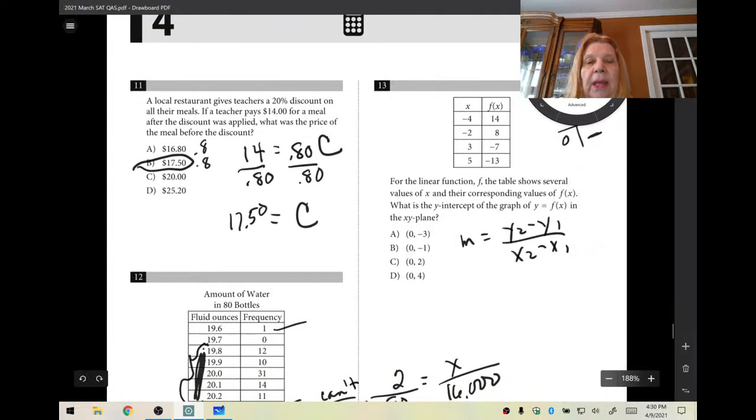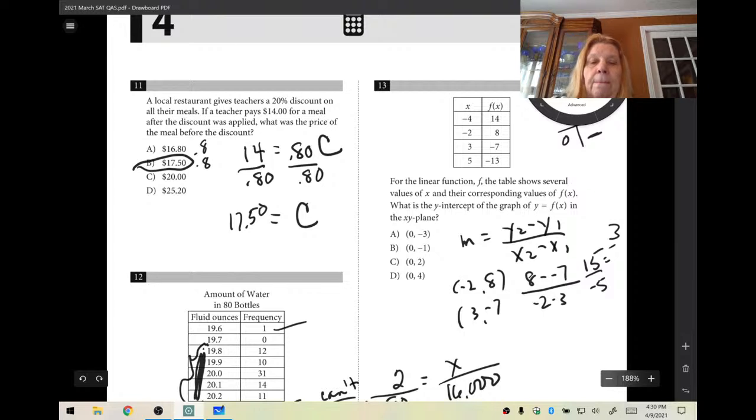We're going to pick points minus 2, 8, and 3, minus 7. So we'll have 8 minus negative 7 over minus 2 minus 3, which is 15 over negative 5. So the slope is negative 3.